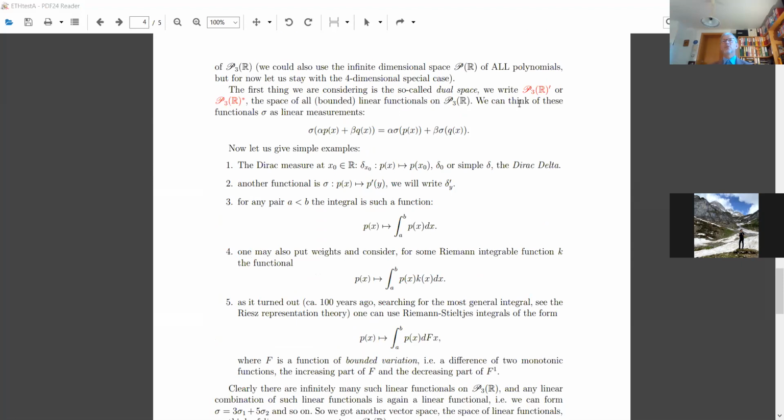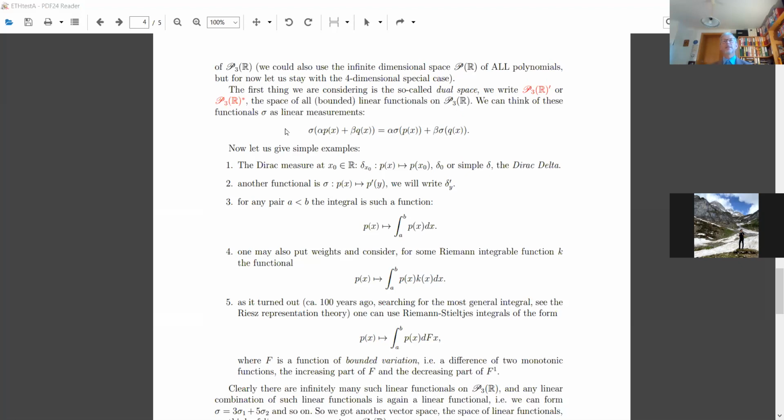However, if you take the cubic polynomials and you use now the prime, later on sometimes people use a star, so I'm talking about P3(R), the cubic polynomials, and all the linear functionals. This is the dual space of the linear functionals, and that space is the set of all linear, think of it as linear measurements.